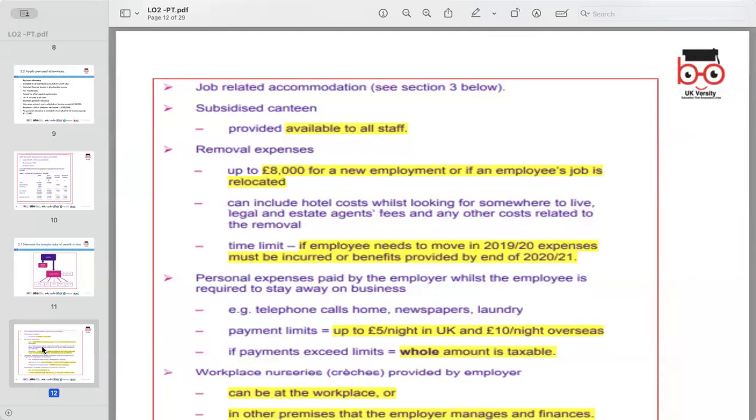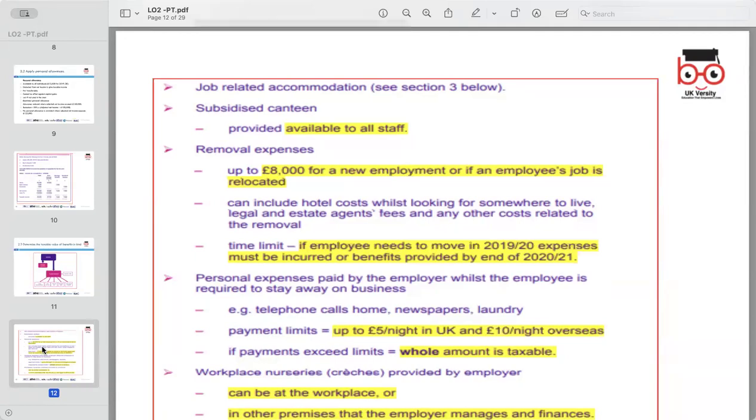For example, if an employee needs to relocate for work, the employer may provide accommodation or assist with finding suitable housing. There are certain limits on the expenses that can be covered by the employer, such as hotel cost and other related fees. It is important to note that there's a time limit for incurring these expenses or providing the benefit to employees.